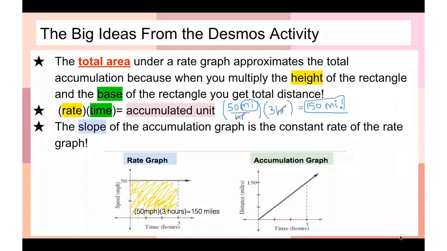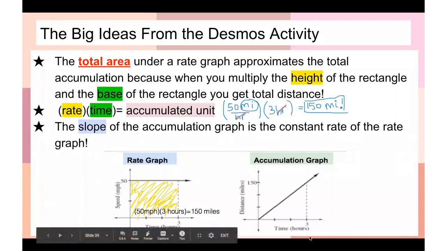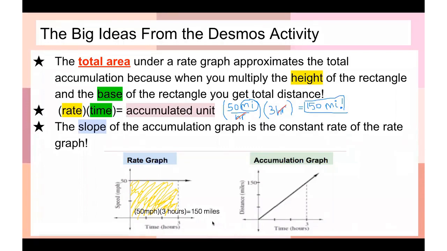So for example, let me go ahead and color code this. Maybe I'll do red. The slope of this line is going to be the rise over the run.